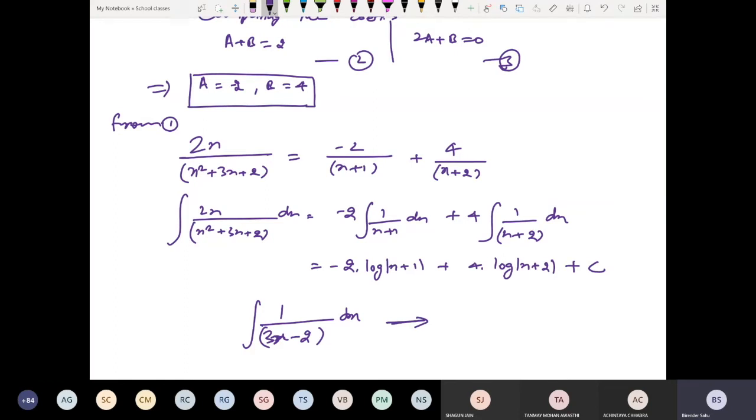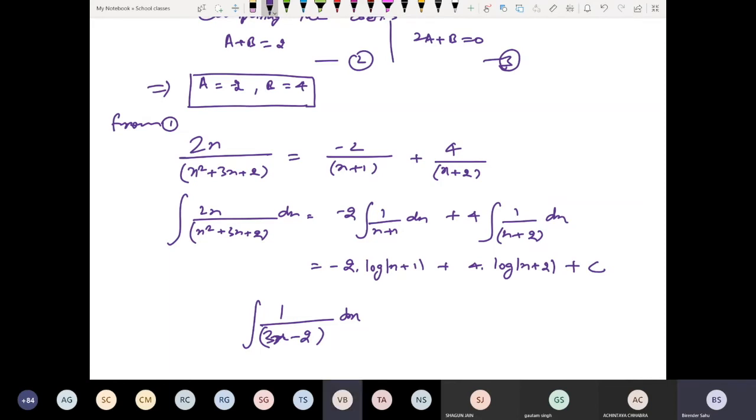Gautam, Mayank Sejwal, any one of you, please answer it. Aryan Vasist, what will be the integration of 1 over 3x minus 2?